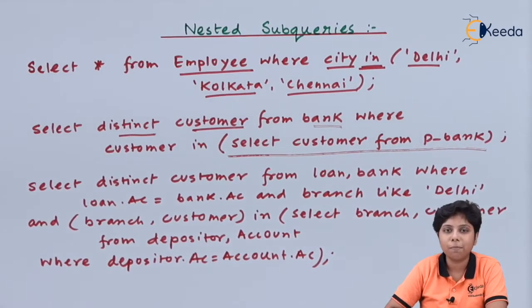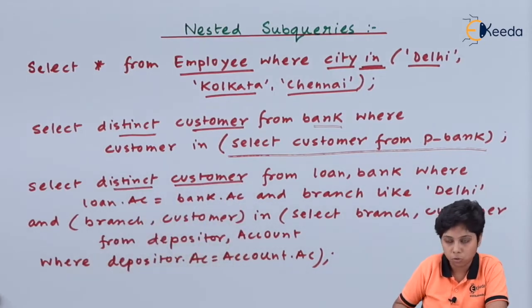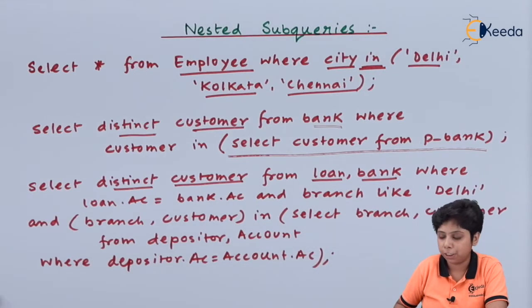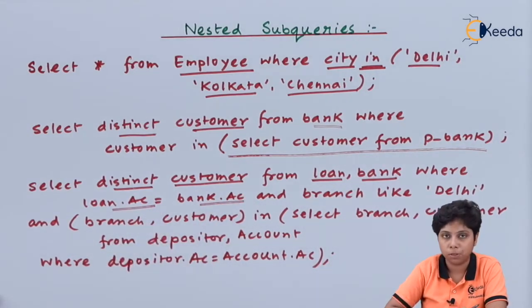It is more like a complex query. Now we are fetching the details of the customer names, which are obviously unique, from the loan and the bank relation where the loan.account number equals the bank.account number.